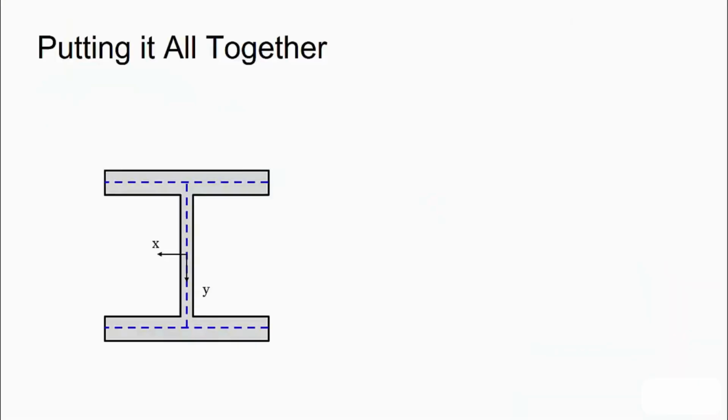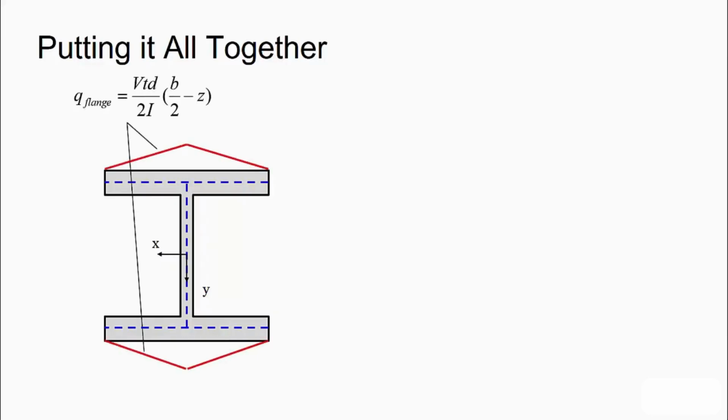So now that we've solved for the shear flow distribution in both the positive quadrant of the flange and the positive quadrant of the web, we need to put everything together to take a look at what our overall shear flow distribution is. We saw that in the flange we had a linear distribution for shear flow, which is maximum at the center line of the web, and it decreases to 0 at the outer edges of the flange.